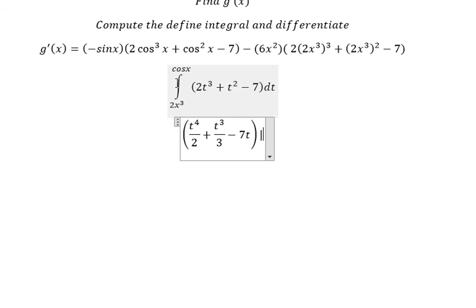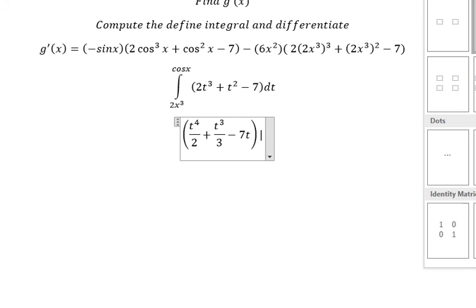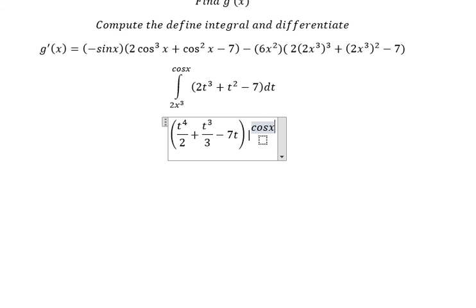And we have cosine x and 2x to the power of 3 in here. So we put this one in here, here, here.